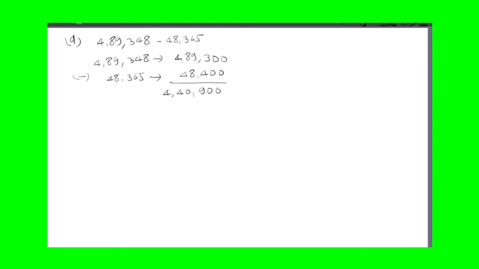And on rounding to nearest tens, 4,89,348 becomes 4,89,350, as 48 is close to 50 and not to 40.